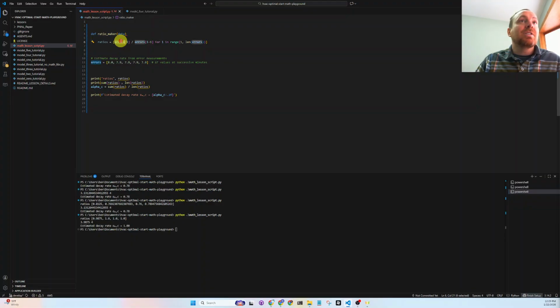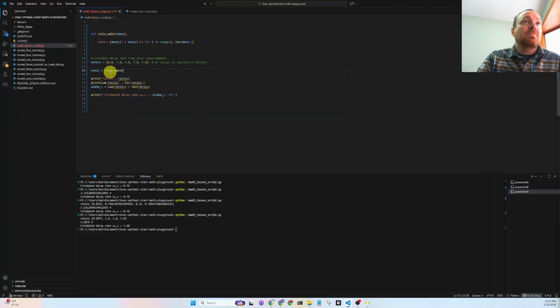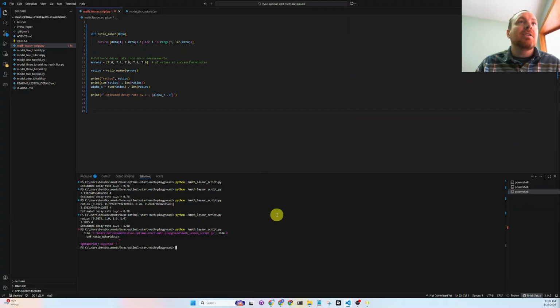I would just have to change this to this and to that name, and you could just say return. So then I could just say ratio equals ratio maker, pass in our errors. So this is just computing the same thing. And I forgot a colon here.